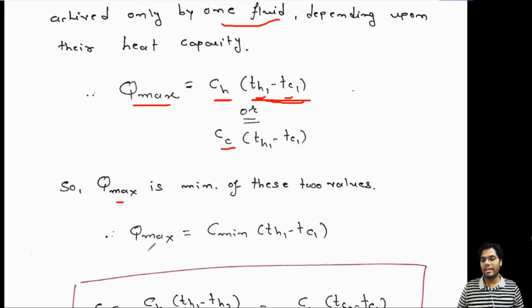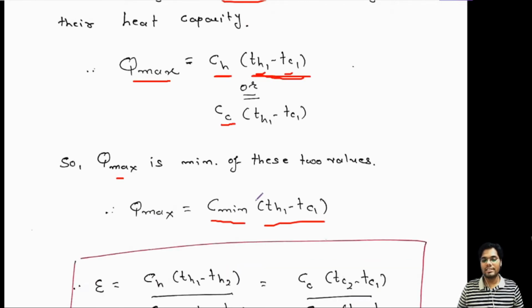So we can write that Q maximum is equal to C minimum into T h1 minus T c1. Either it is C h or C c, it depends on the heat capacity values of cold fluid and hot fluid. Whichever is the minimum value becomes C minimum, and the temperature difference will always be T h1 minus T c1. This is the maximum temperature difference of the heat exchanger.